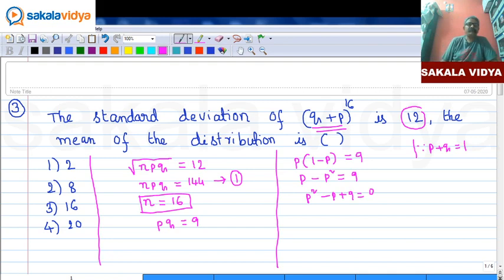Sorry, this question was actually given wrong. Sorry, this is 2. Please consider 2.